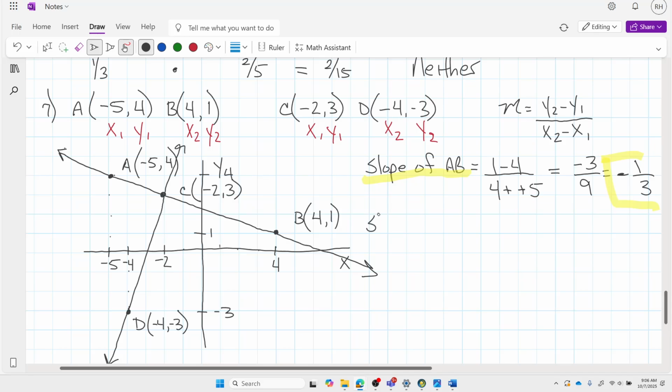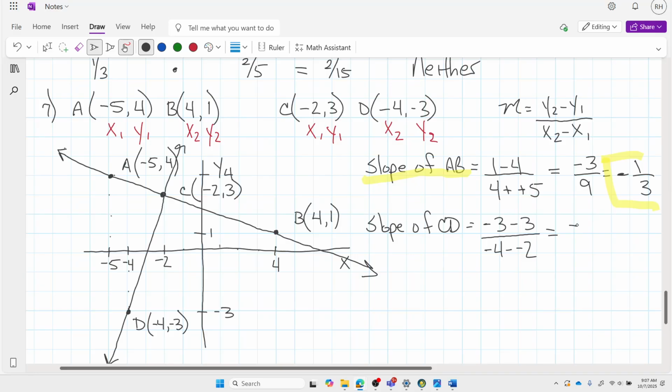Now we have to do the same thing for line CD. So slope of CD. All right, so now we're using these 2 points. These x sub 1, y sub 1, x sub 2, y sub 2. What's going in the numerator? Negative 3 minus 3. Negative 4 minus negative 2. All right, negative 3 minus 3.